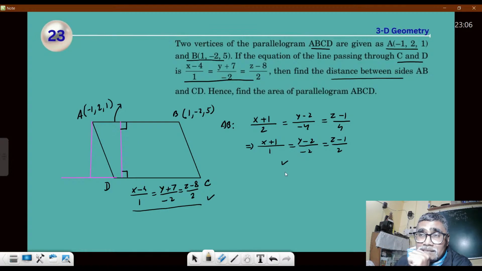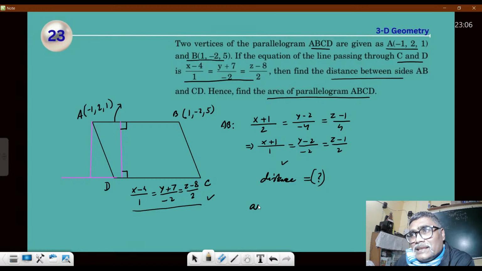So that distance you have to find, and then find the area of the parallelogram. It's a very easy thing. I write the distance like this. Distance you have to find. So what will be the area of a parallelogram? Can you still recall the area of a parallelogram? Area of a parallelogram means base into height.